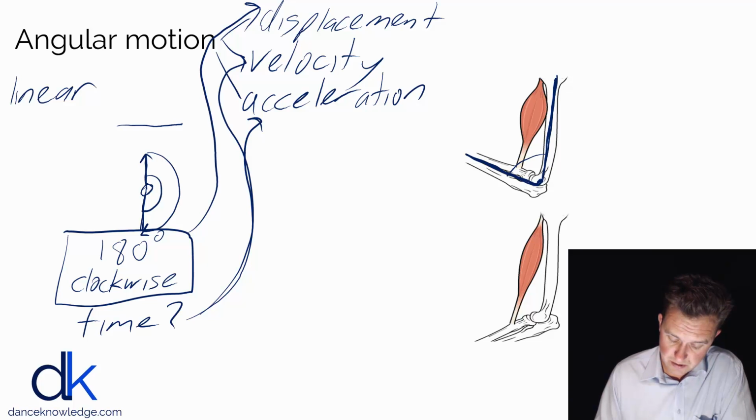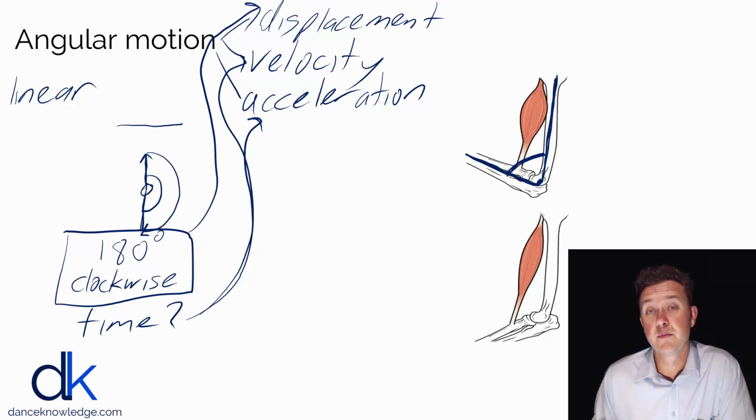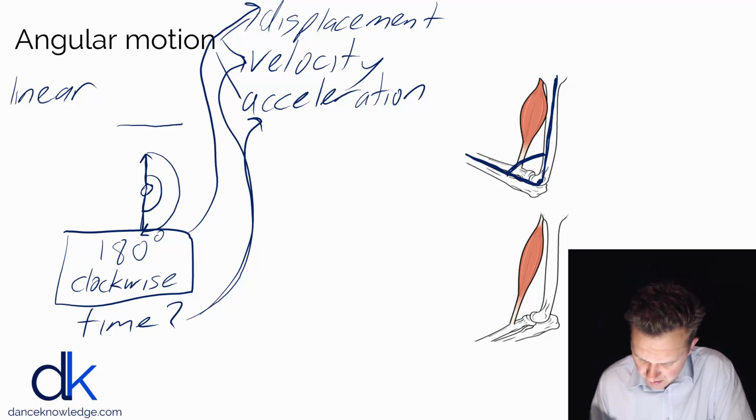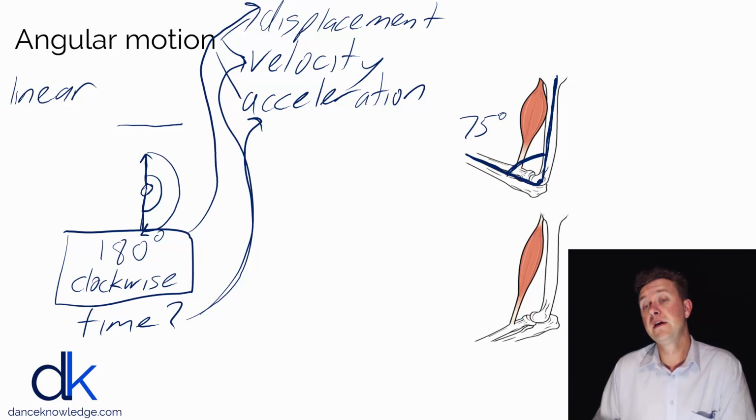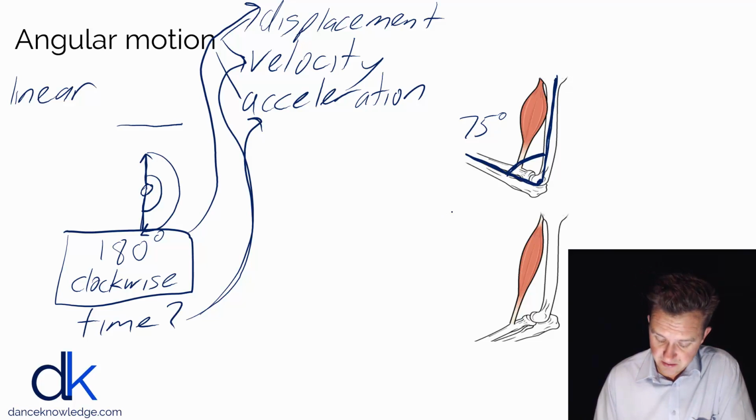So if we look at, well, what would be the angular distance between those two points? And if you eyeball it, I would say it's probably about 75 degrees. Then if our elbow extends, so this movement here, it extends, and now we've got our elbow, we've got our humerus and forearm.